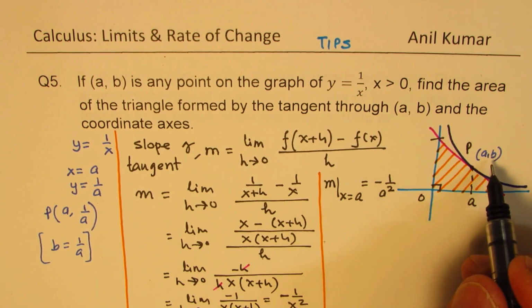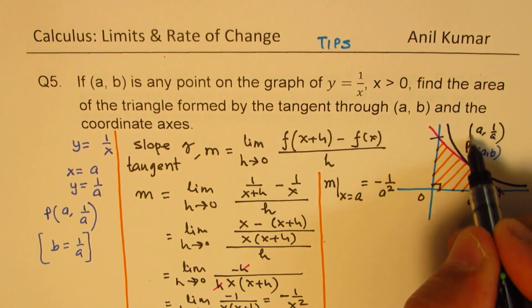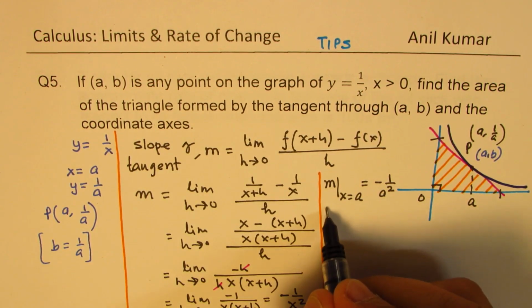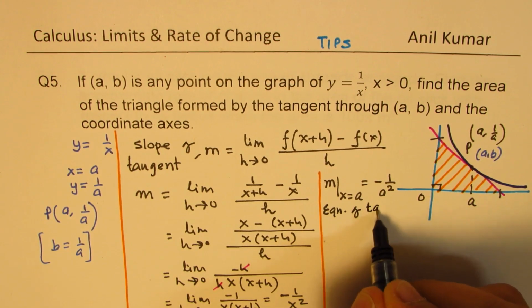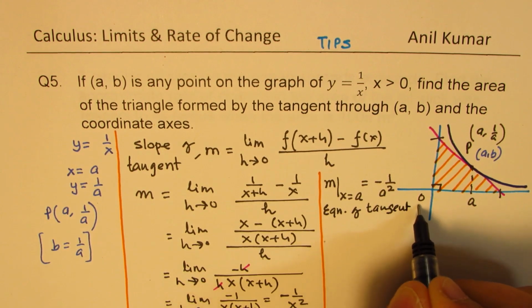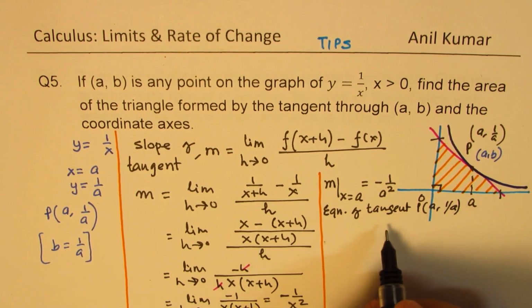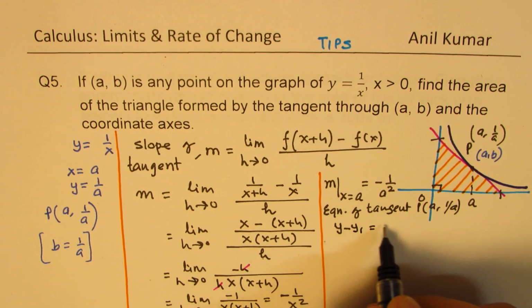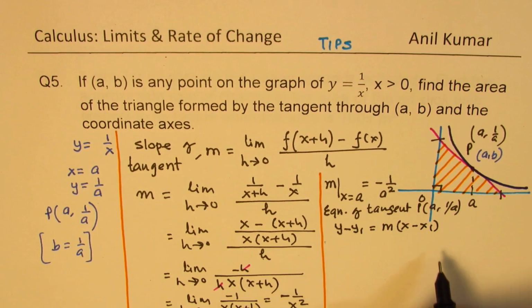Now the point is a and 1 over a, since it's a reciprocal function. So we can now find the equation of the tangent at point P, which is (a, 1 over a). We'll use y minus y1 equals m times x minus x1, when a point is given and slope is given.